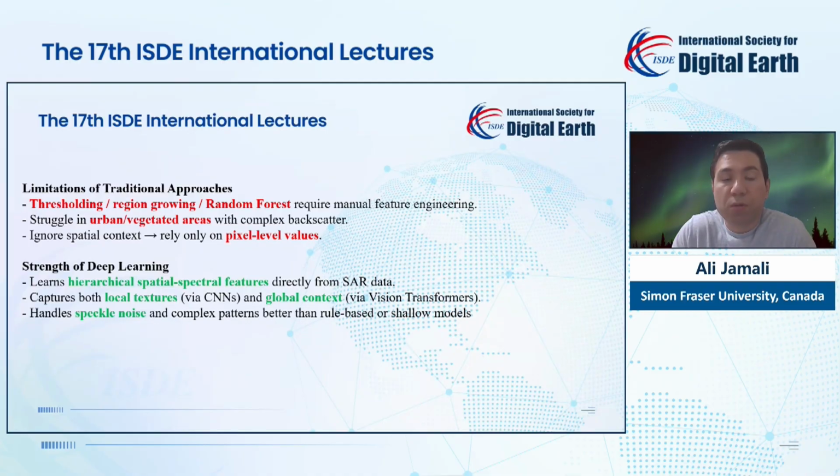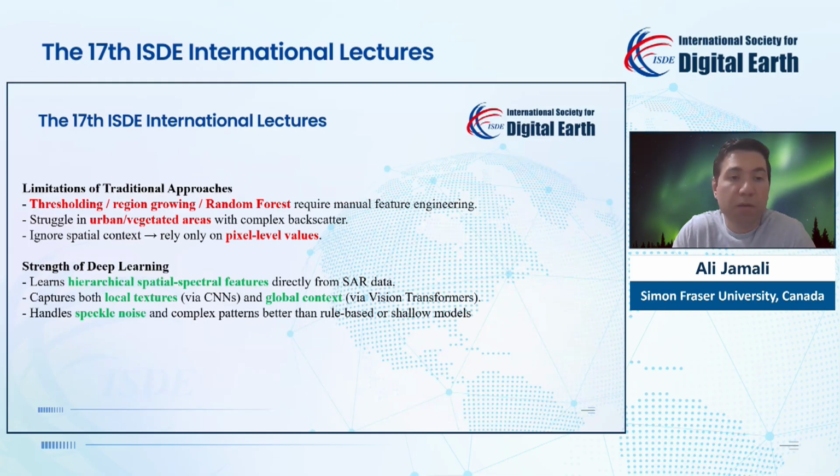They do not consider spatial information, and they heavily rely on pixel-level values. Deep learning, on the other hand, learns hierarchical spatial-spectral features directly from SAR data. So they use spatial information besides the spectral information.